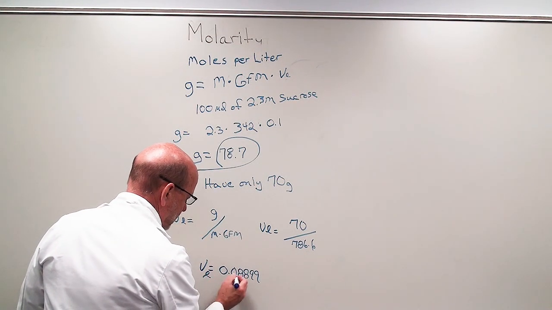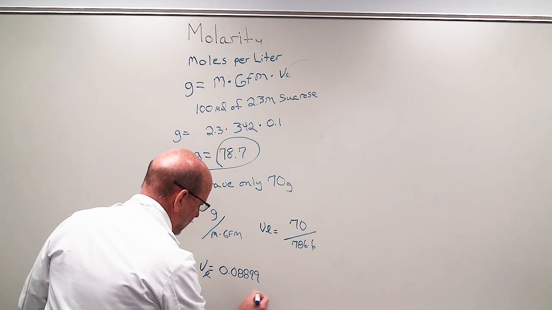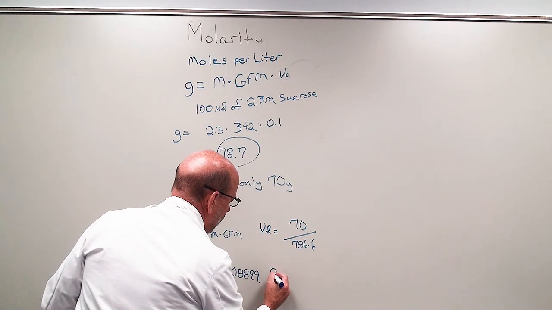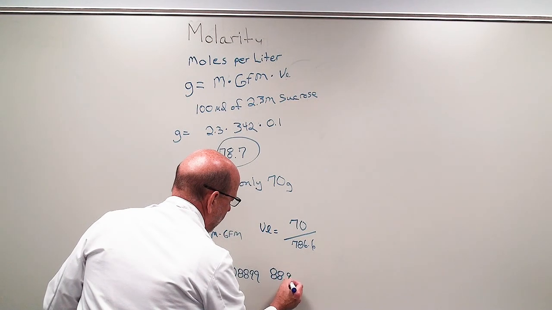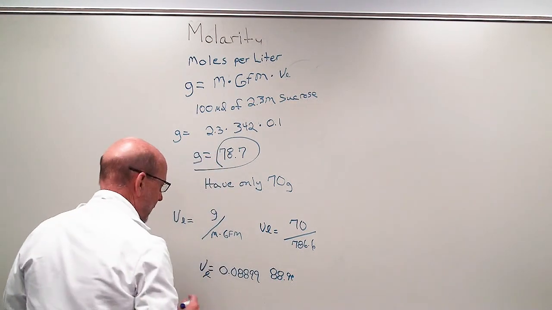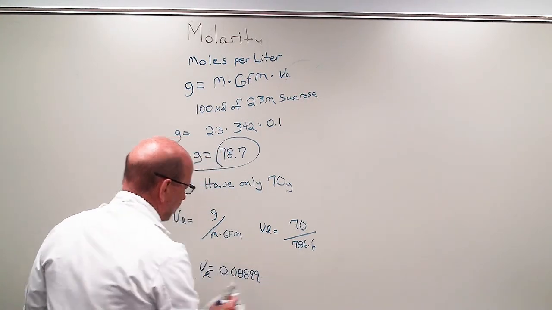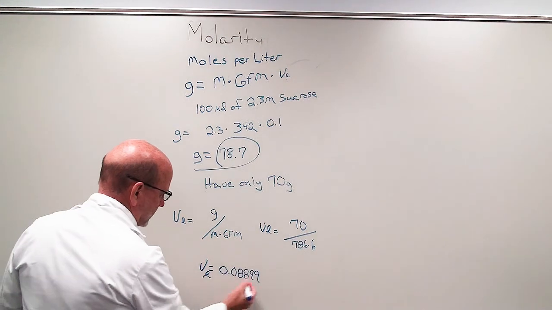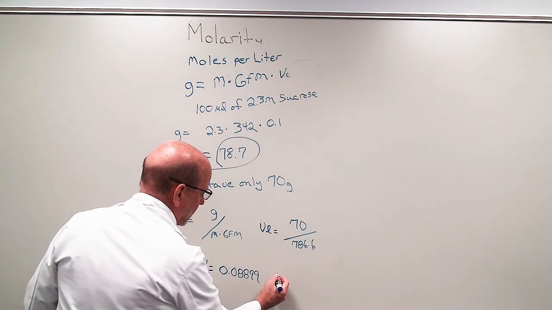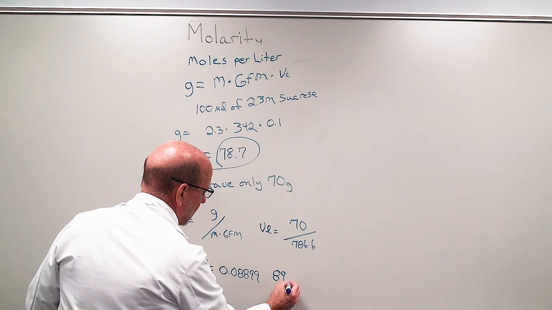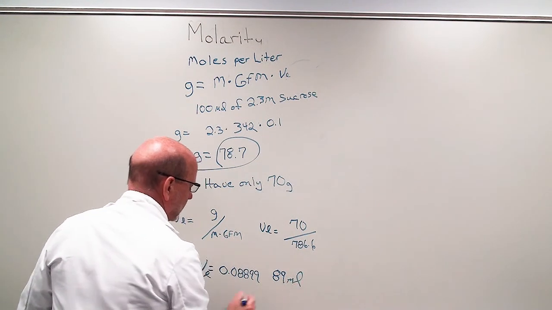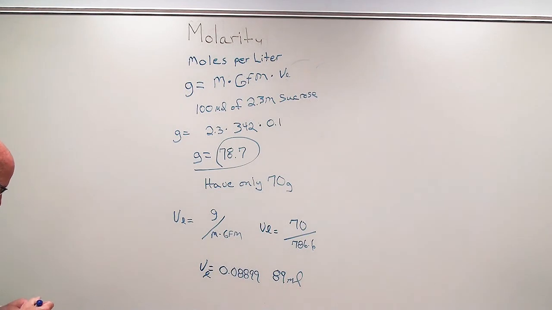And so when we get right down to it, we should just say that would probably be rounded off to just 89 mLs. You know, I got carried away with the nines, and really that doesn't work. You're not going to measure that level of accuracy. So we're just going to round that off and say 89 mLs for the 70 grams.